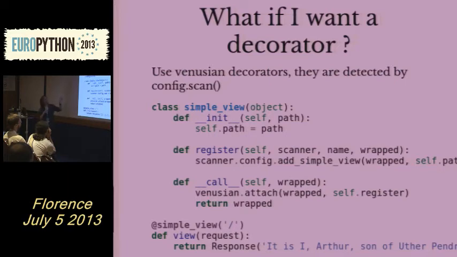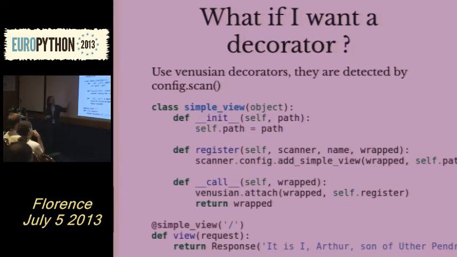They are quite simple, in fact. It's just about attaching something to the view so that it's detected by scan. The Venusian library, which is part of the Pyramid project, not the Pyramid code base, is used to do that.